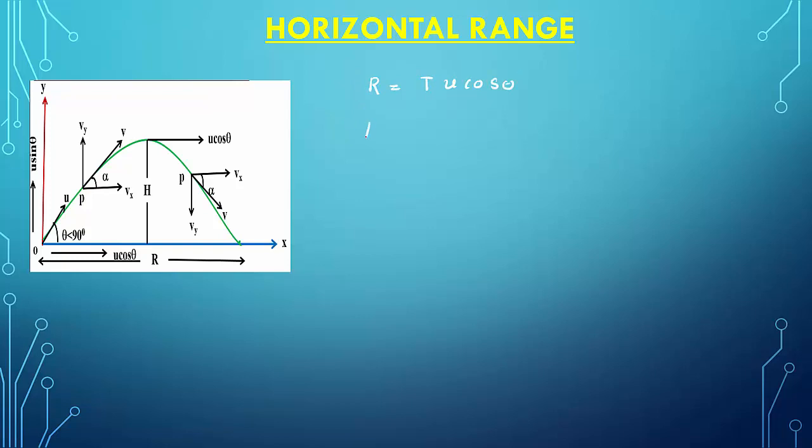Right? Now, what is T? T is the time of flight. Time of flight is given by the equation 2u sin theta divided by g. Let us substitute here; the remaining factor is cos theta.